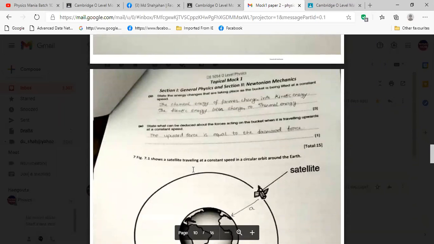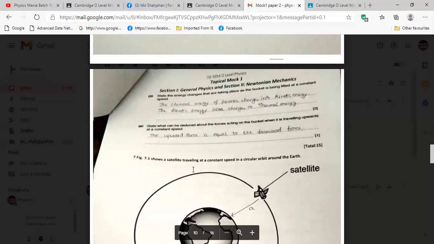State the energy changes that are taking place as the bucket is being lifted at a constant speed. The thermal energy of... what you wrote? The chemical energy of the farmer changes into kinetic energy.